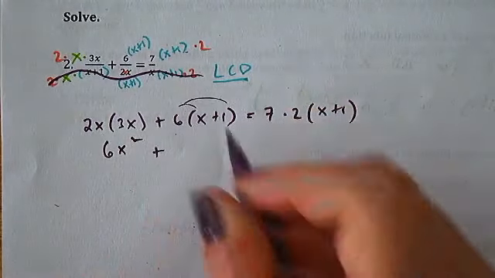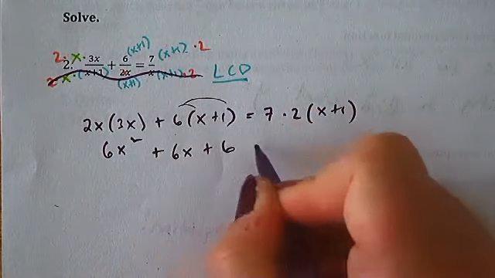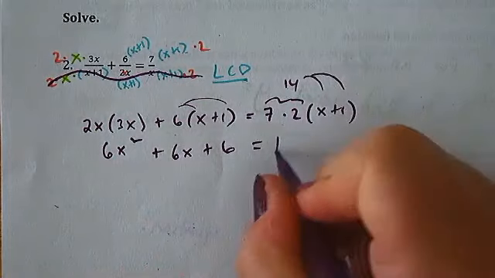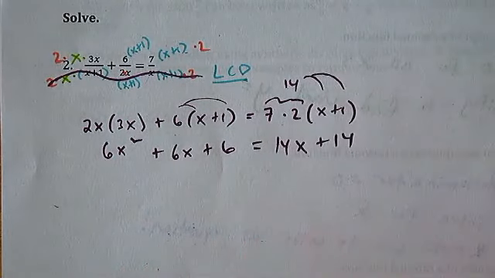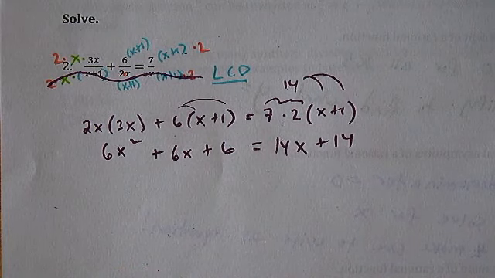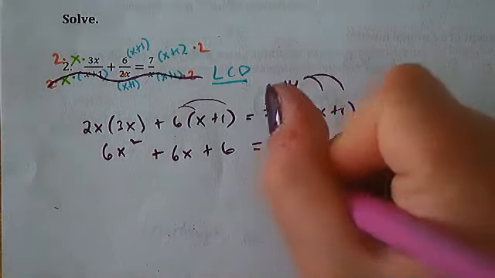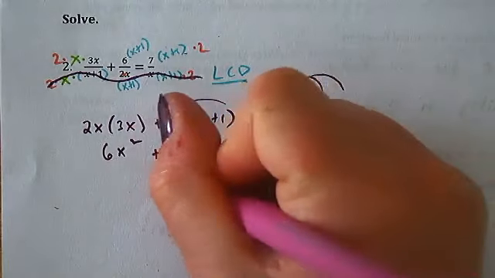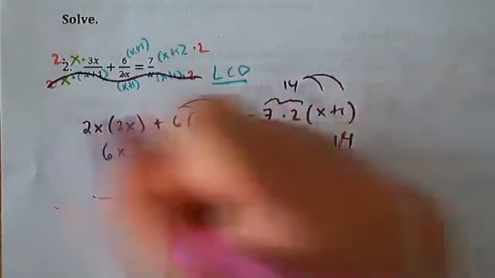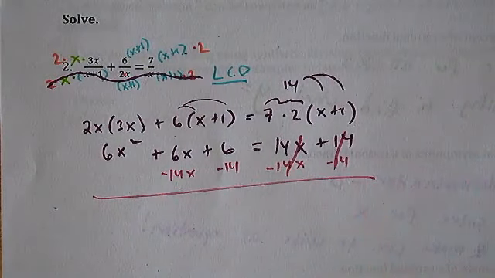This can distribute, so that's 6x and 6. That's 14, and then go ahead and distribute to get to here. Then I'm going to move this guy over here, and this guy over here. There we go. Excuse me.